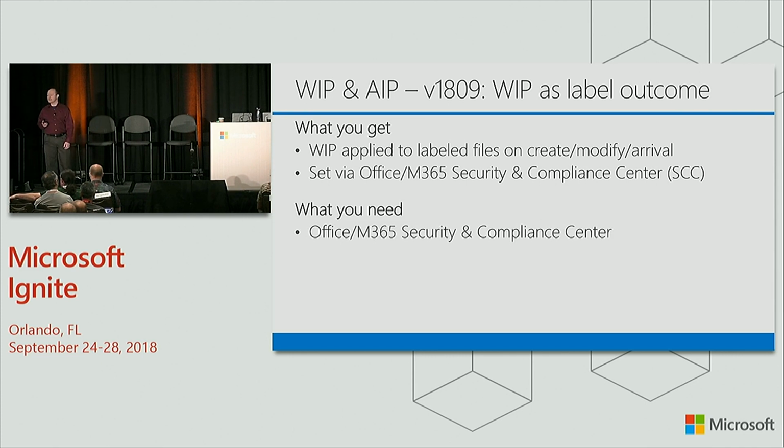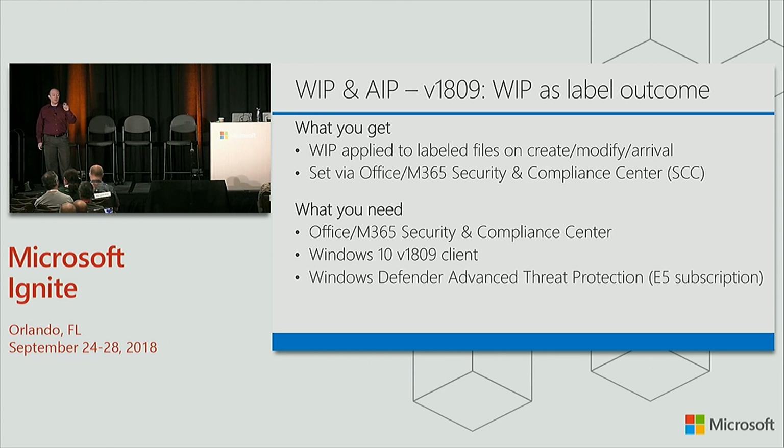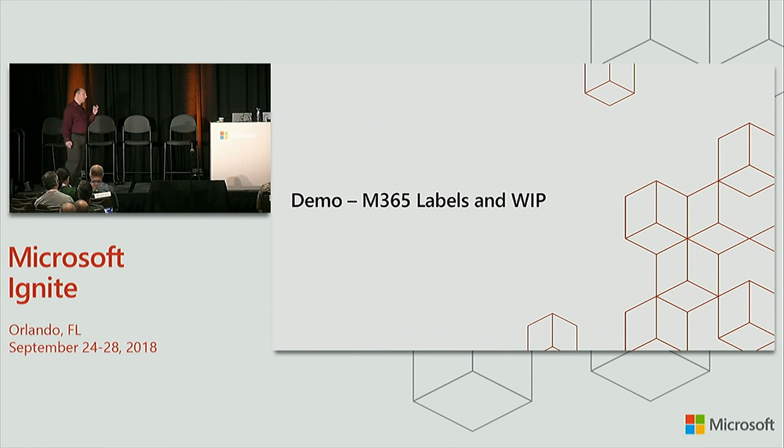What you need is M365, protection.microsoft.com. Go to the Security and Compliance Center, and you need Windows 1809 with WDATP, Windows Defender Advanced Threat Protection. That's the thing that's scanning files for malware, and that now can be scanning for labels in your Office and PDF files. In fact, why don't I show you how that's set up?